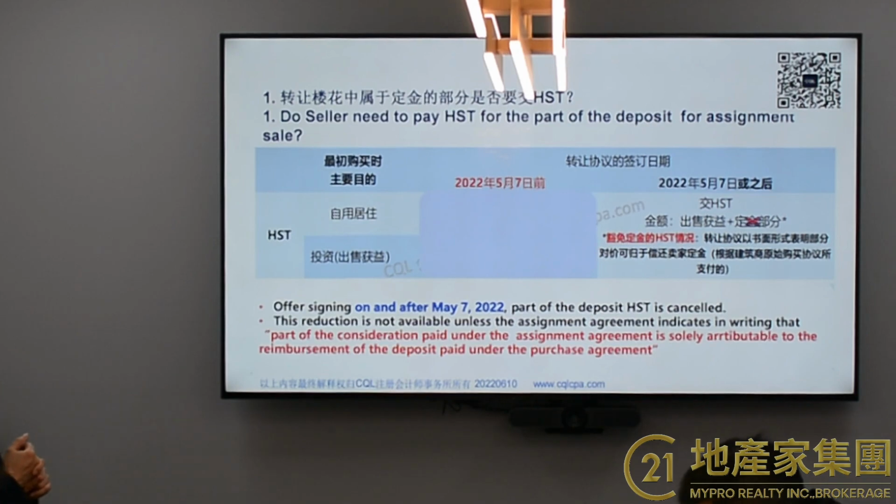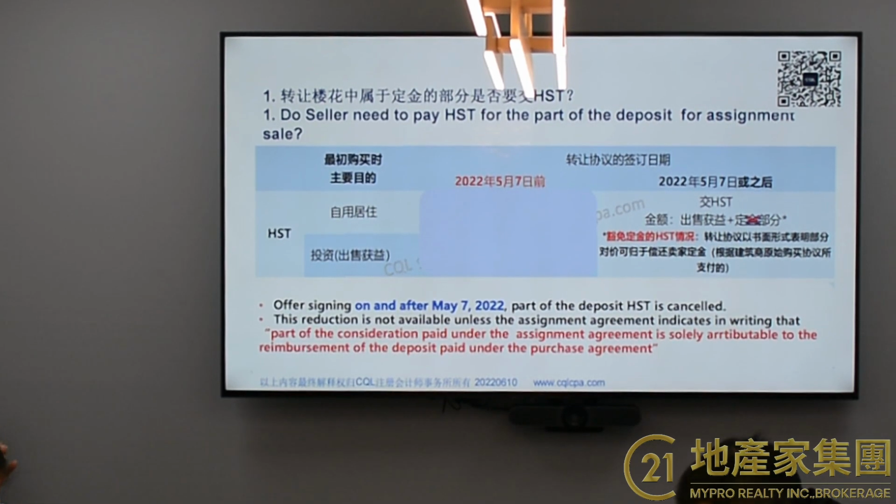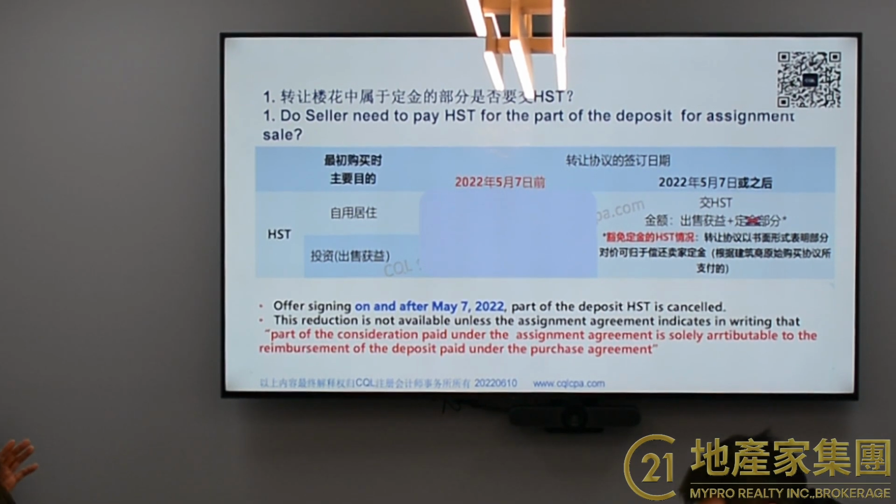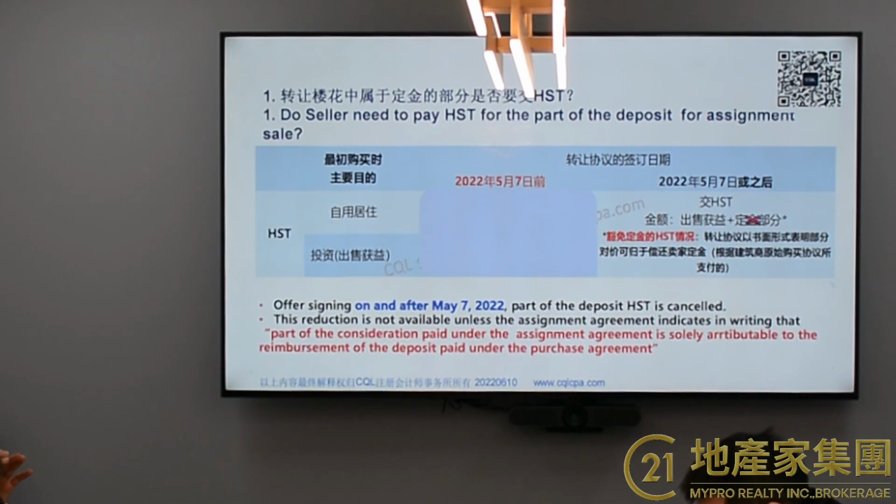So in future cases on the assignment sale, we can say there's no need to worry about the deposit HST. The only part of the HST everyone needs to pay is on the gain, the price difference. That is, the price you bought from the builder versus the price you sell the assignment for. The difference is what you need to charge HST on.